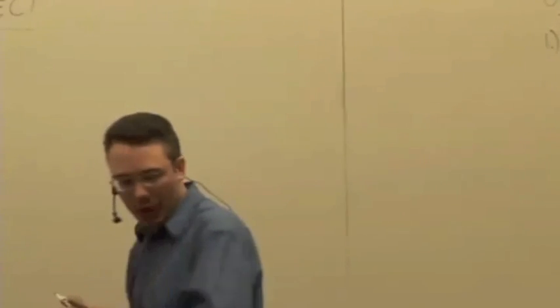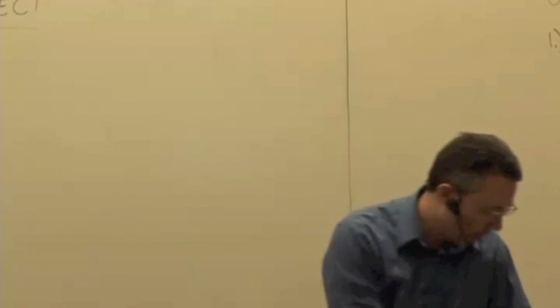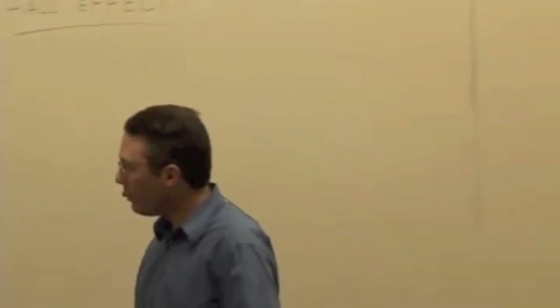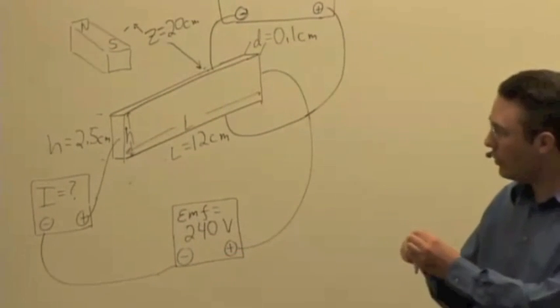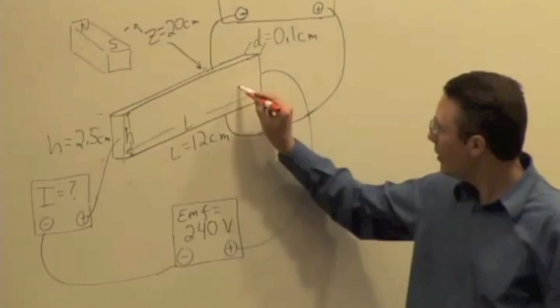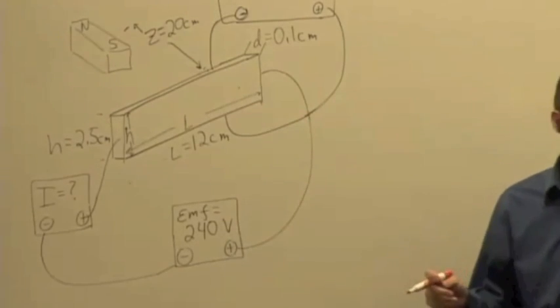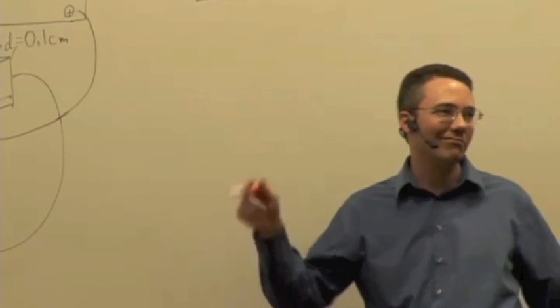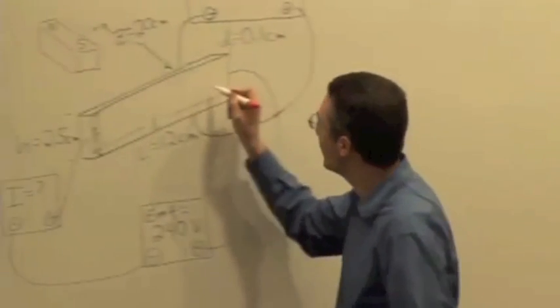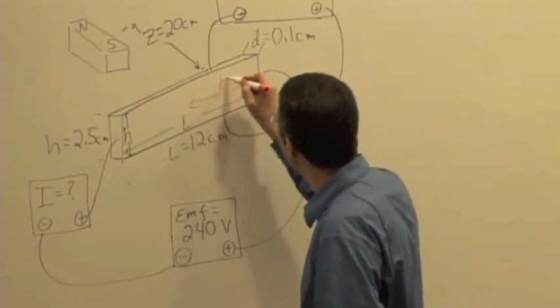In this problem, let's draw a battery or power supply. Here's the positive terminal, here's the negative terminal. So in the bar of material, E parallel should be pointing which direction? That way, right? That's E parallel.